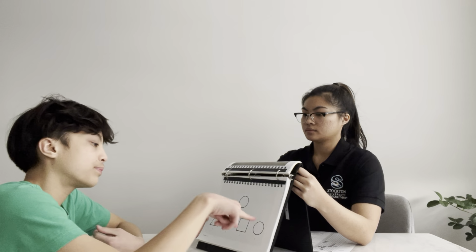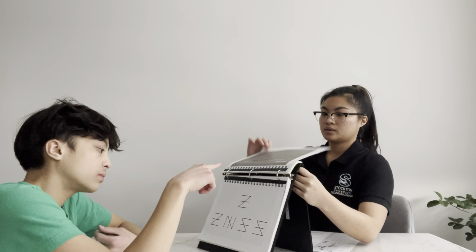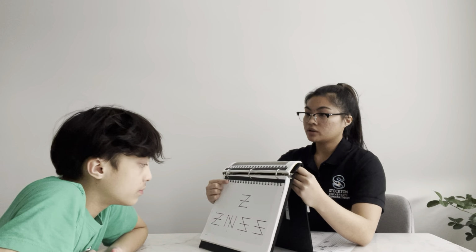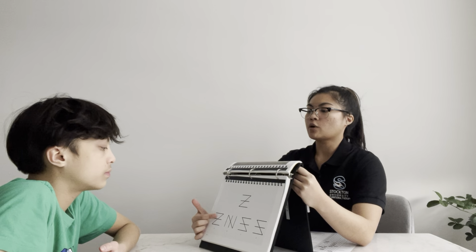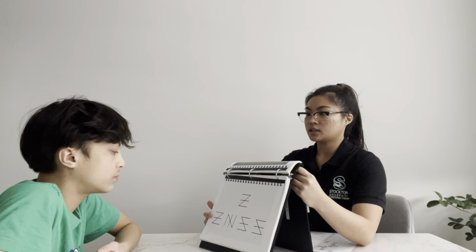Okay. So I want you to look at this, and now find the one that is exactly like it here. D. Do you have any questions before we begin? Okay. So I want you to look at this, and now find the one exactly like it here.